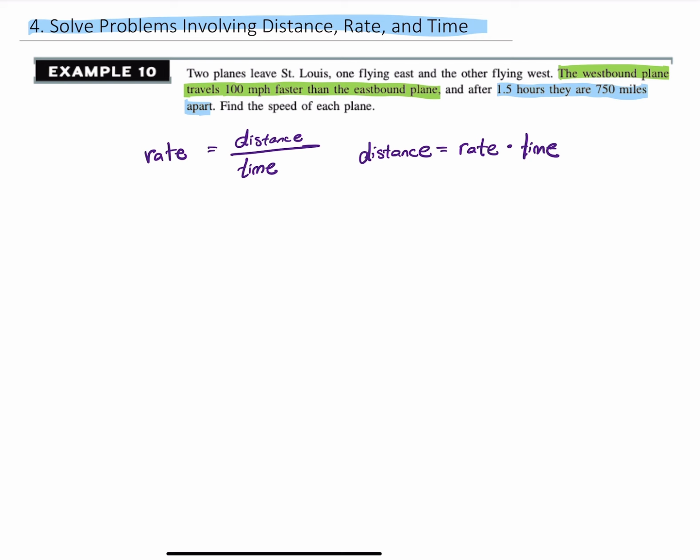So let's draw our situation. We have St. Louis as some center point. One plane is going west, and the other plane is going east. So we can call this the westbound plane, and this the eastbound plane.